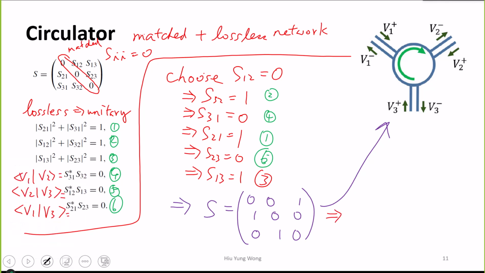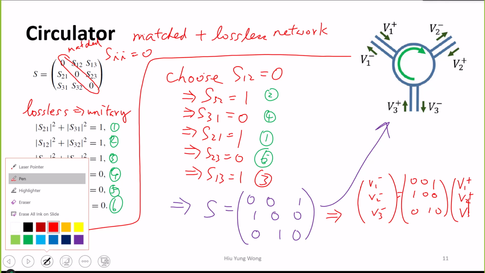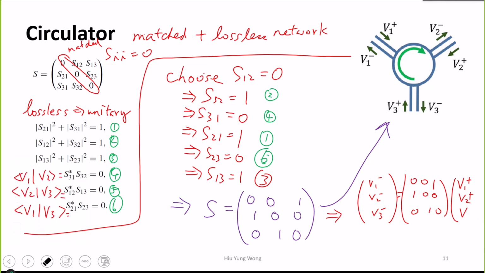As I told you, V1 minus, V2 minus, V3 minus are the outgoing waves, right? They equal the matrix 0, 0, 1; 1, 0, 0; 0, 1, 0 times V1 plus, V2 plus, V3 plus. Is that okay? This is the incident wave at different ports. This is the outgoing wave. This is the scattering matrix, right? You just go through the matrix, you see clearly.